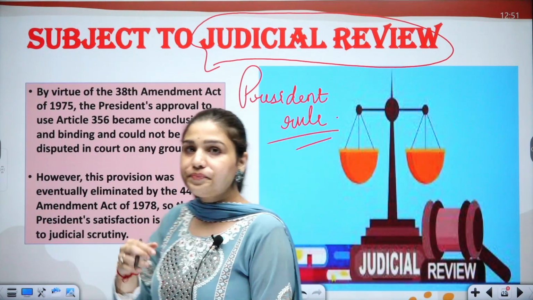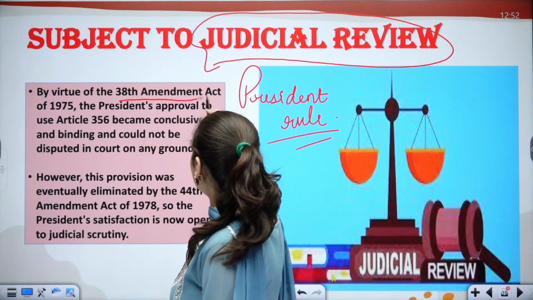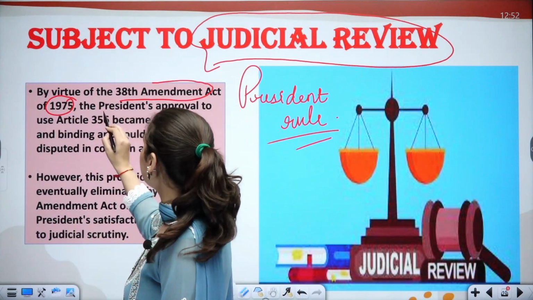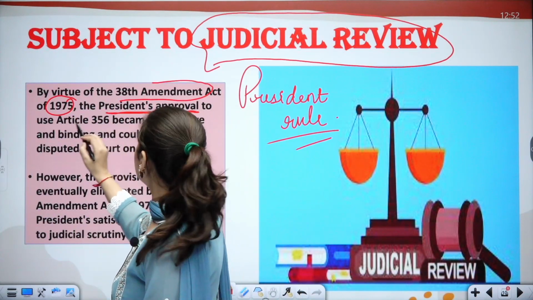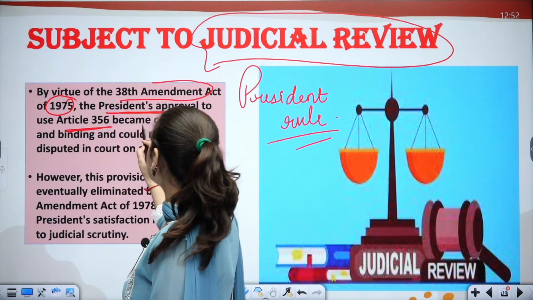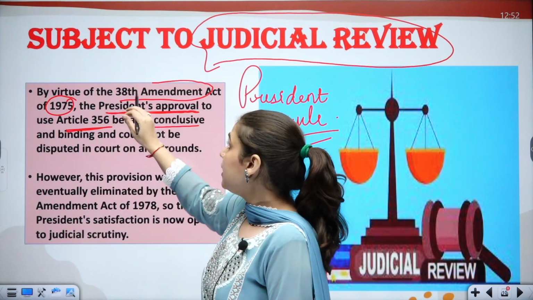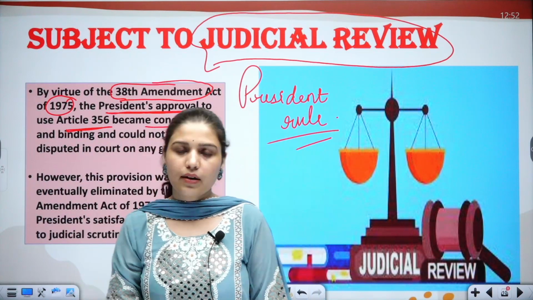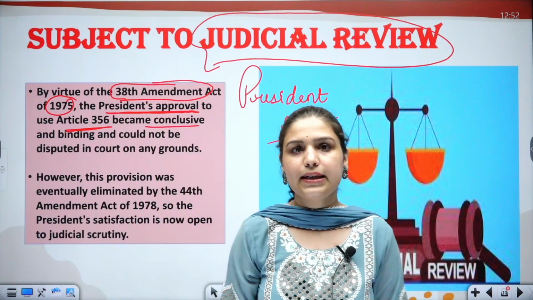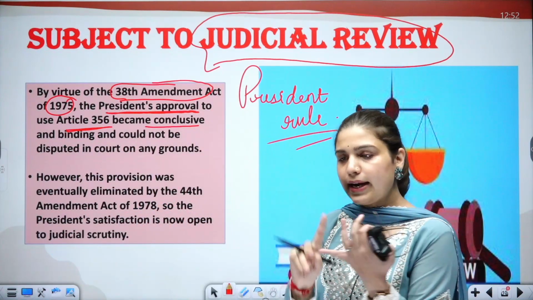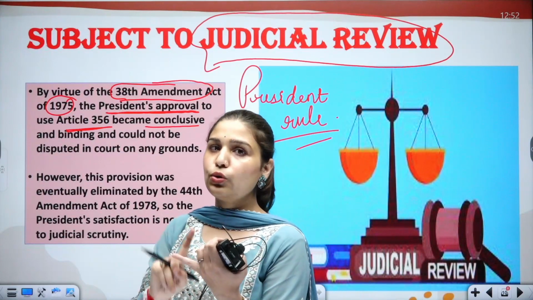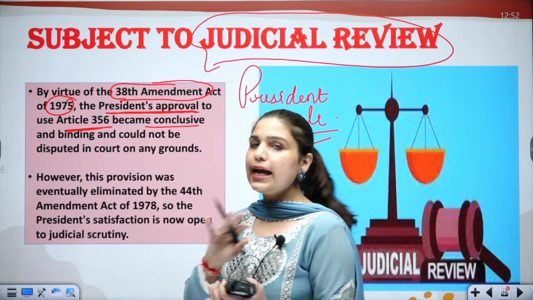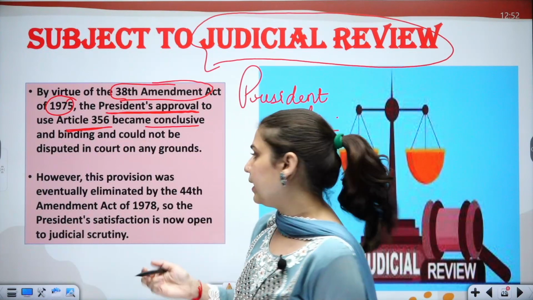Before the 38th Amendment Act of 1975, the president's approval to use Article 356 came into conflict. When the 38th Amendment Act came, it said that the president's decision and satisfaction is final and conclusive, and his decision cannot be challenged in court on any ground.